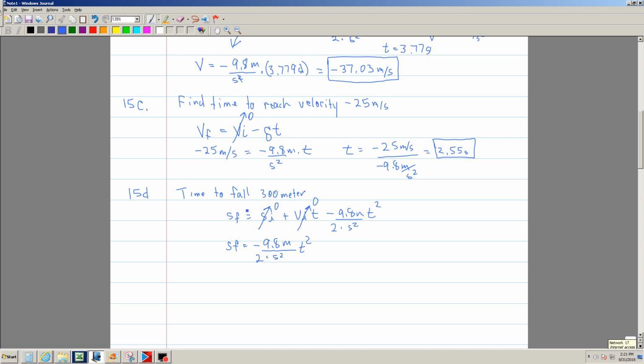And the 300 is actually S final, so it's 300 meters. So solve for t.